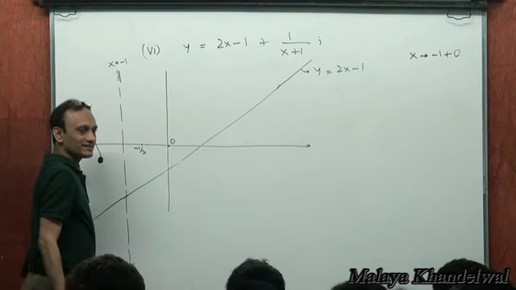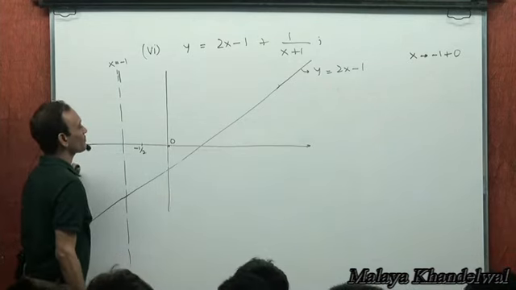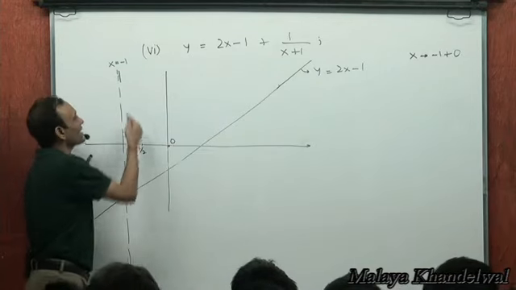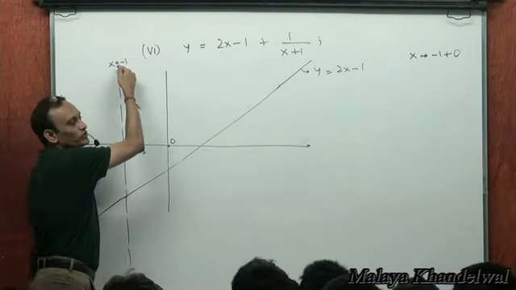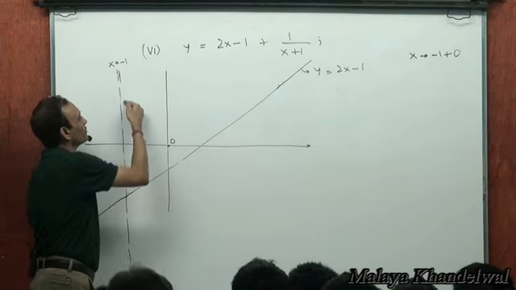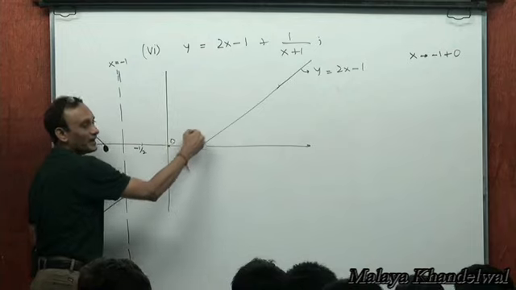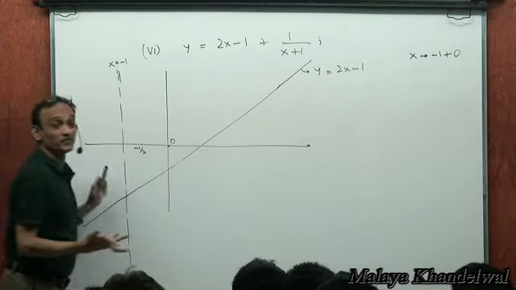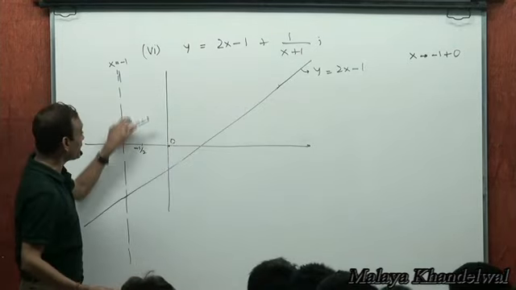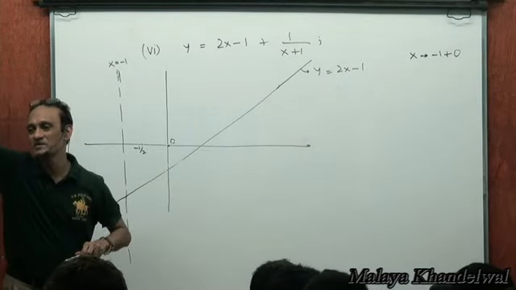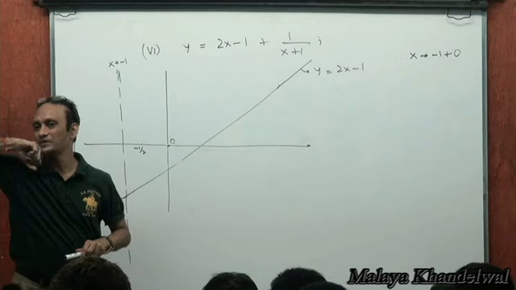Right? Yes or no? And therefore, chances are that even without doing too much, I can say that this must be going this way, and a local minimum, and must be going this way. Even without differentiating, I'm expecting between minus half and 0 a local minimum.